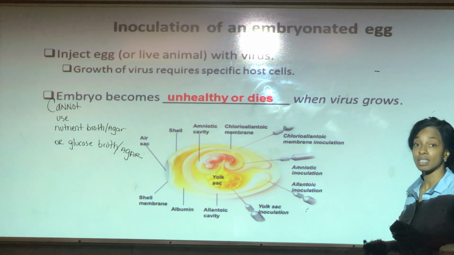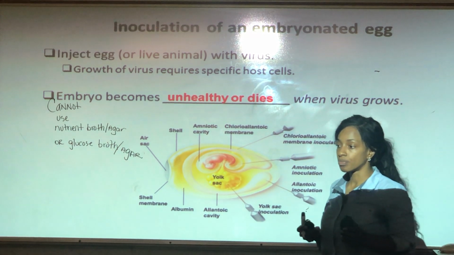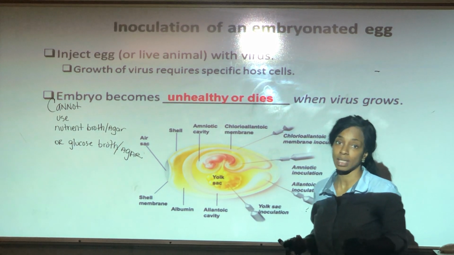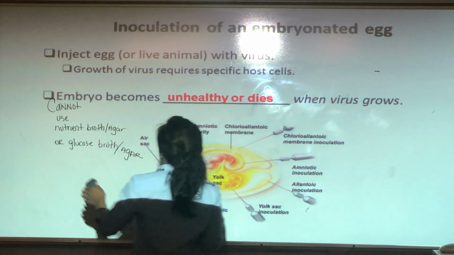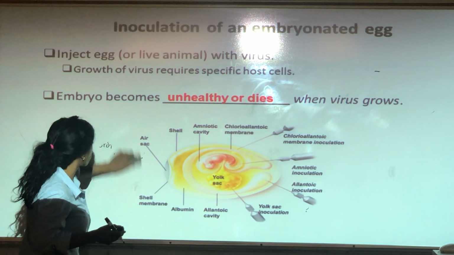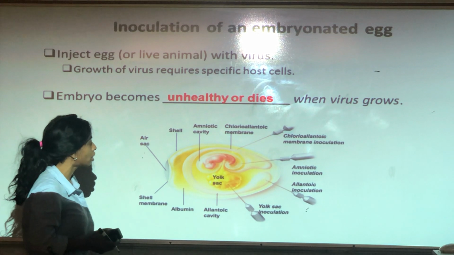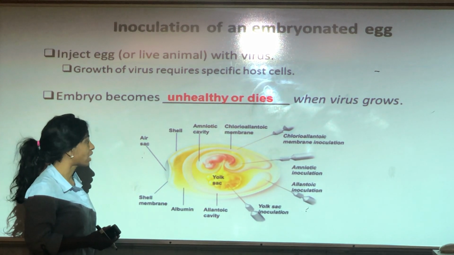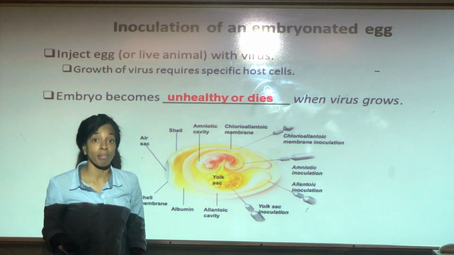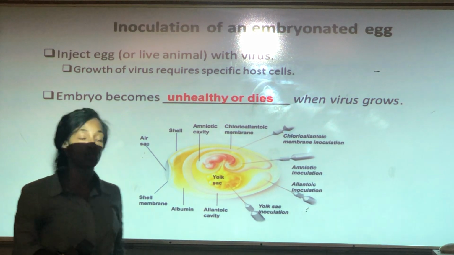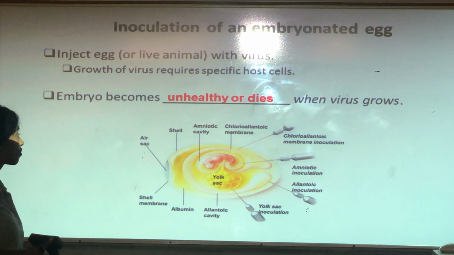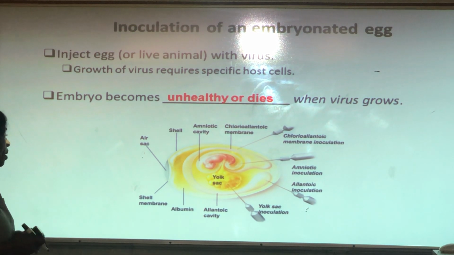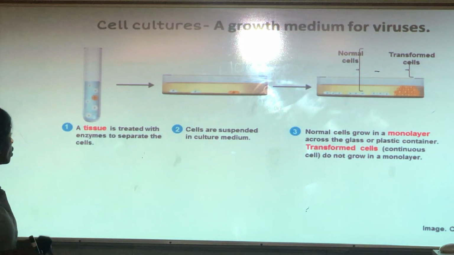They might present different signs, or sometimes they die. But that's all going to be an idea that you have the growth of a virus. So they're showing you here, they're injecting different sites of the egg. If it's a hard egg, they may have drill sites in order to inject the virus, but they're showing you how it's done here, right?